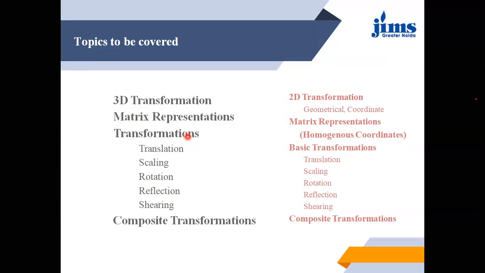Then we will implement the same transformation techniques that we discussed in 2D, that is translation, scaling, rotation, reflection, and shearing. And in the last topic, we will discuss the composite transformations. So this is the complete overview of 3D transformations.